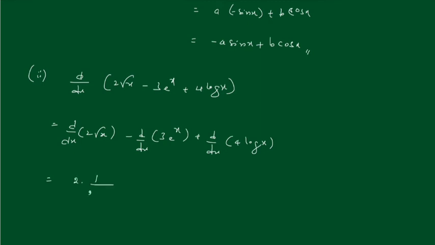So 2 into 1 upon 2 root x minus 3 to the power of x log 3 plus 4 into 1 by x. The 2 gets cancelled. So 1 by root x minus 3 to the power of x log 3 plus 4 by x is the required solution.